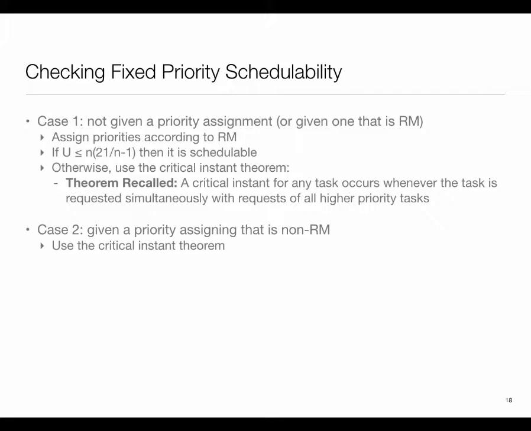If this rule is violated, then you have to do the critical instant analysis. On the other hand, if you are given a priority assignment that is not rate monotonic, then you cannot apply this rule. This rule is for rate monotonic only, but you can still do the critical instant analysis. So the more general tool we have at our disposal is the critical instant analysis.